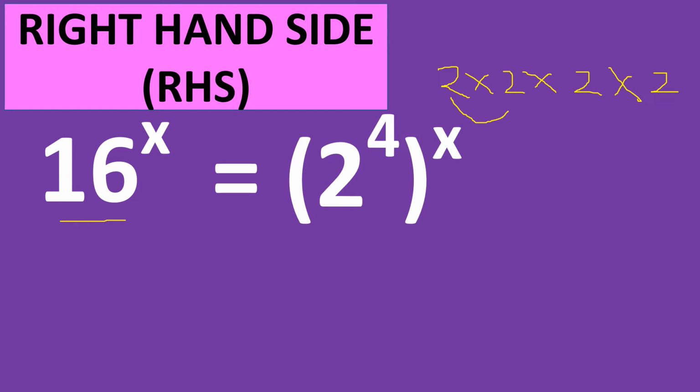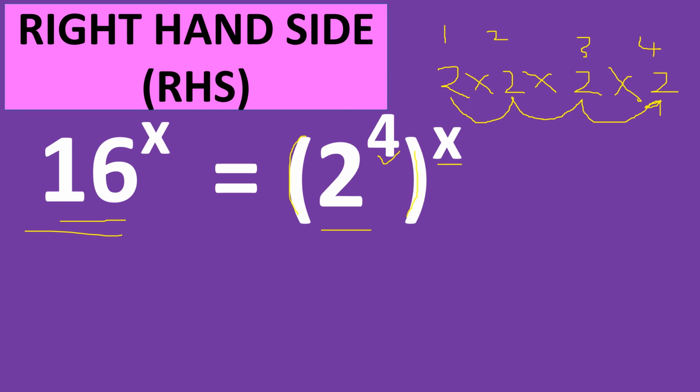So 2 times 2 is 4, 4 times 2 is 8, 8 times 2 is 16. So we have 2 in how many places? 1, 2, 3, and 4. So we can say that 16 is 2 in 4 places, that is 2 raised to the power of 4. And then we enclose the brackets and we have the x.